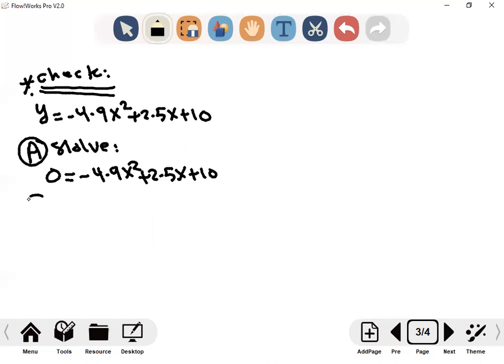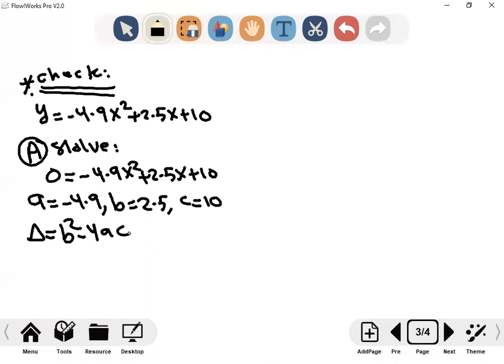a is negative 4.9. b is 2.5. c is 10. Find delta. b power 2 minus 4ac equals 2.5 all power 2 minus 4 times a, negative 4.9, times c, which is 10. Calculator.